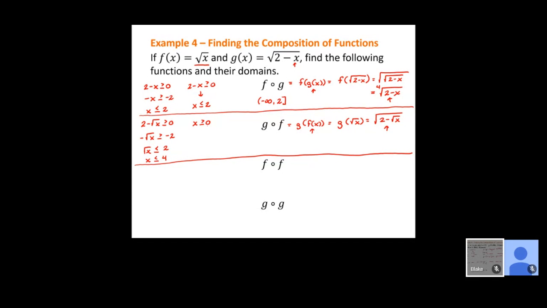Good, right? We need to be greater than or equal to 0, but also less than or equal to 4. So we're only looking at values between 0 and 4 now. Any questions on that one?